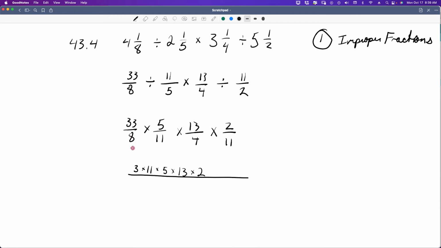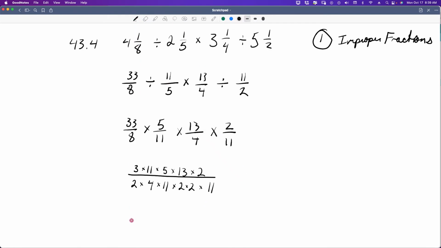On the bottom, we have 2 times, I'm just going to leave that as a 4, times 11, times 4 is 2 times 2, times 11. All right.